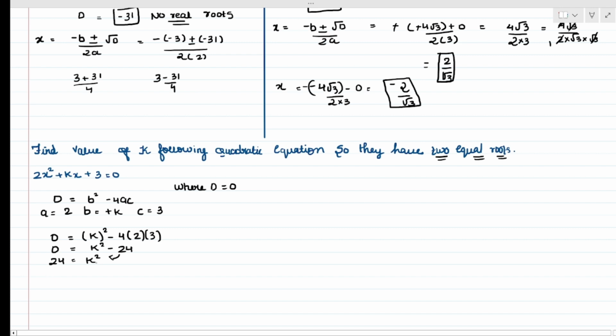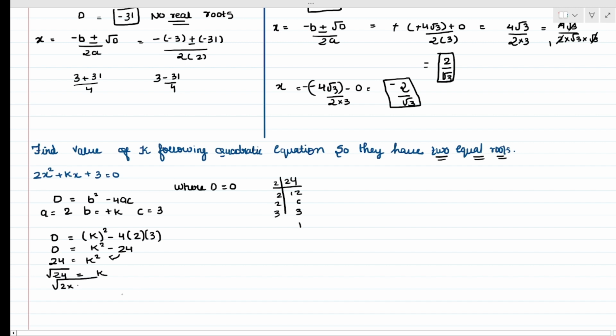Now I don't want k square. I want only k. So what will I do? Write under root 24 is equal to k. Now split your 24: 2 ones are 2, 2 twos are 4, 2 sixes are 12 and 2 threes are 6.